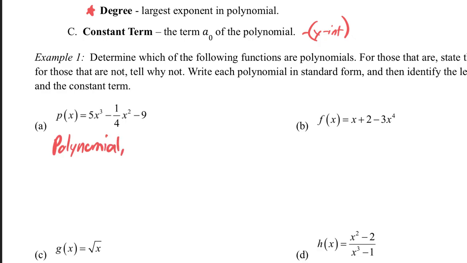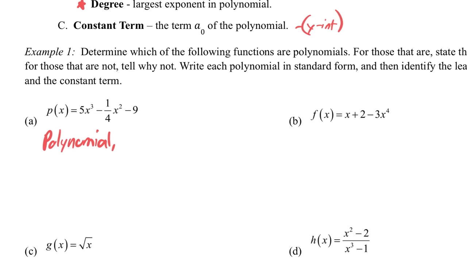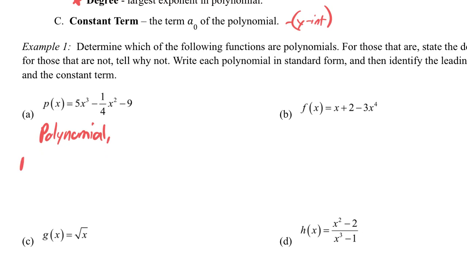It says for each polynomial, identify the leading term, constant term, and the degree, and then write it in standard form. This one is already in standard form because I've got 5x cubed as the largest power, and then x squared. I'm missing an x term, but that's okay, we can be missing terms. So that's the standard form.